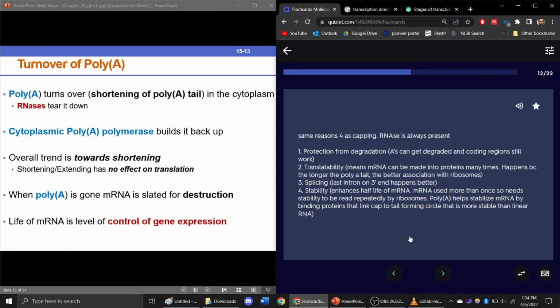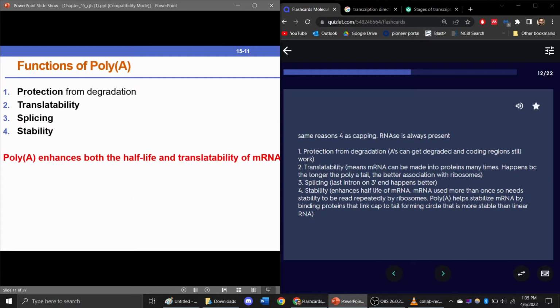But beyond just that, it increases translatability because a longer poly-A tail helps association with ribosomes. So it's kind of this double whammy of, yeah, you can do more rounds, you also will get a better affinity for ribosomes. It helps with splicing in the last intron, kind of like how the cap helps with splicing in the first intron.